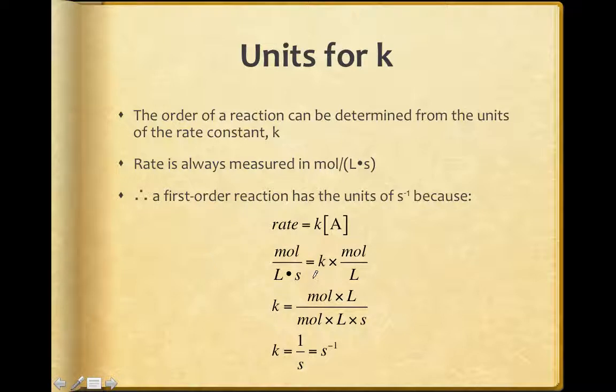I moved moles down here and liters up to the top. Now we can see that our moles cancel out, liters cancel out, and our units for k are going to be 1 over second. So if we have a total order of a reaction of 1, the units for k, the rate constant, will be 1 over second.